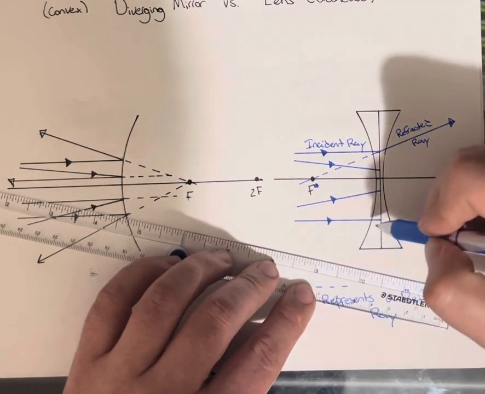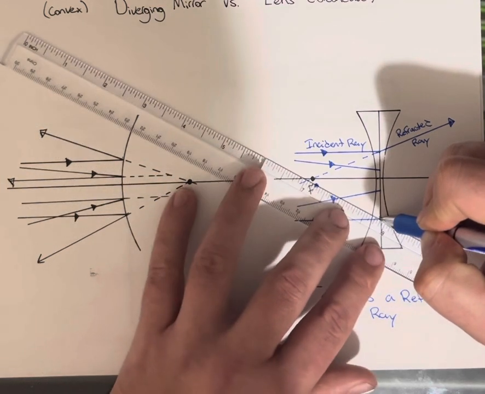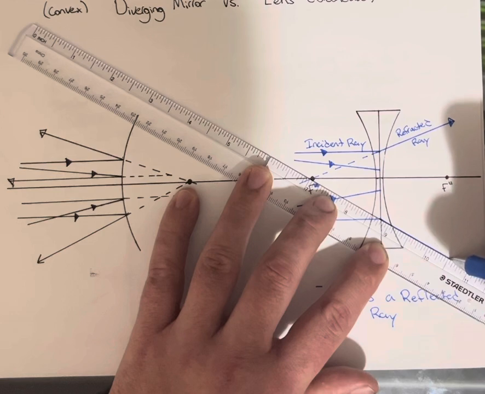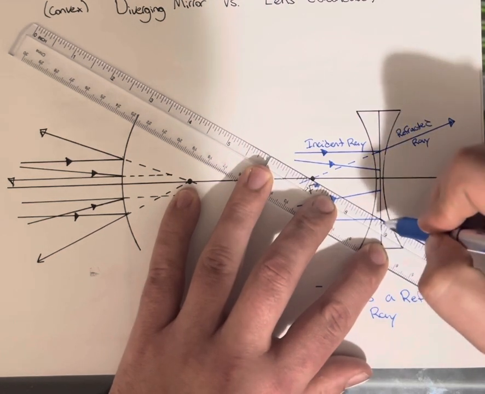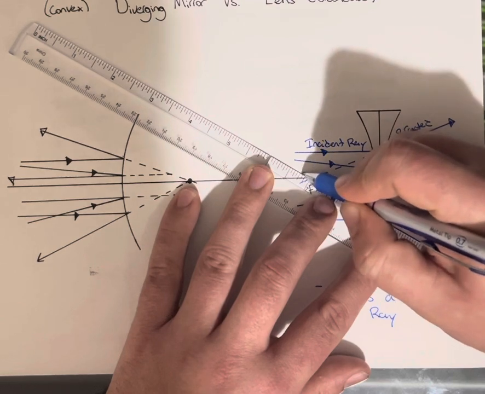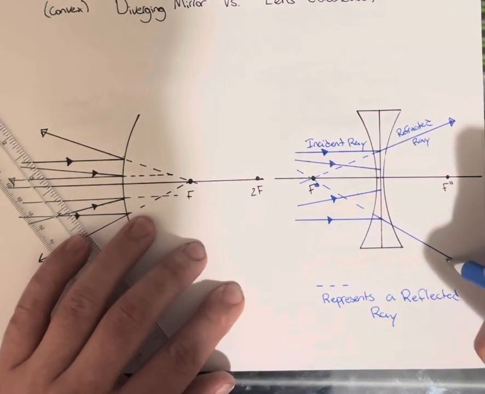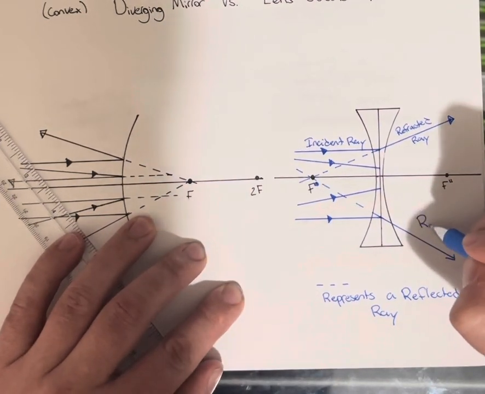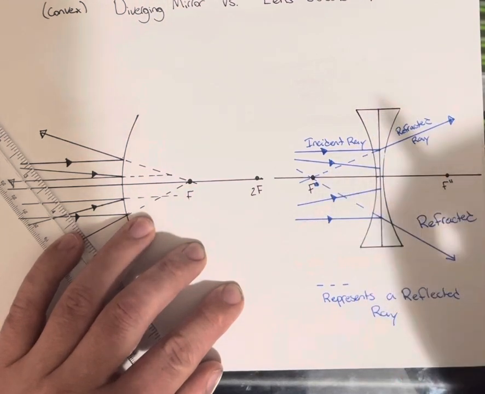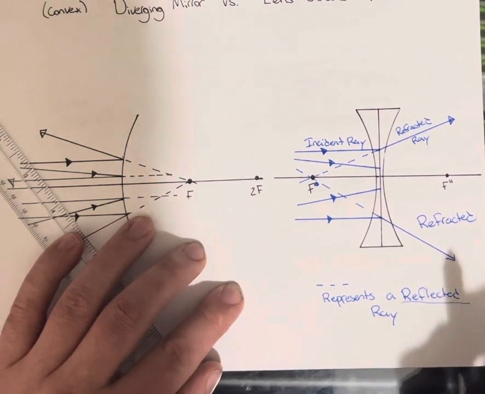It is parallel to the principal axis, so it is going to refract away from that principal axis. So the refracted ray is going to go in this direction, and the reflected ray is coming back towards that individual focal point. Again, this here is refracted, whereas the dotted line is reflected.